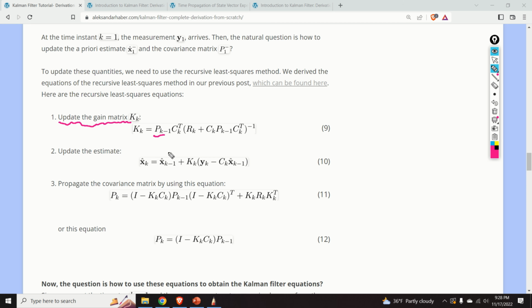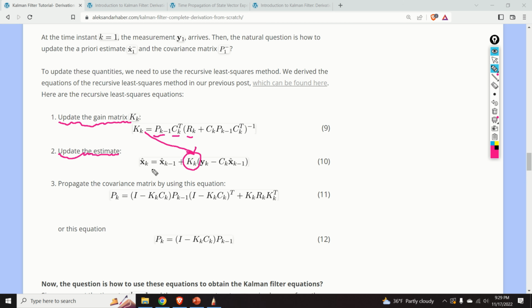This matrix P is the covariance matrix. C is the output matrix. R is the covariance matrix of the measurement noise. Then once we update the gain matrix, we update the state estimate. And here you can see how the gain matrix comes into play.